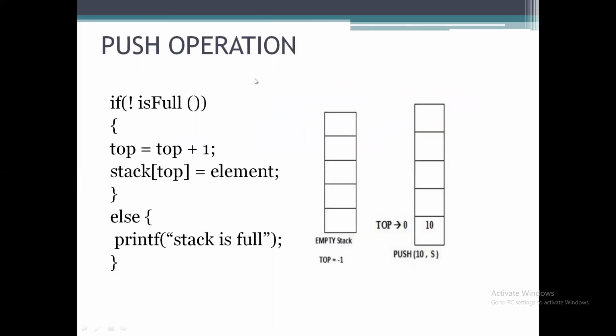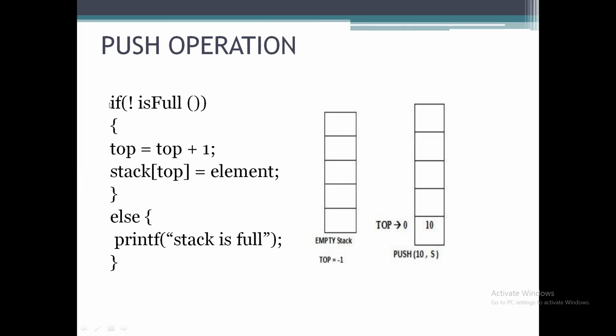So we'll see the routine for the push operation. Consider the first image, which is an empty stack. That is, my top is initialized to -1. Now I want to do a push operation. So I'm calling push(S, 10), which means that I want to perform the push operation, and 10 is the element to be inserted in the stack named S. Initially, my top value is -1.